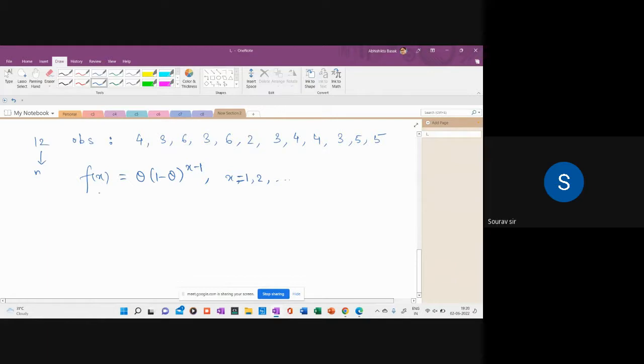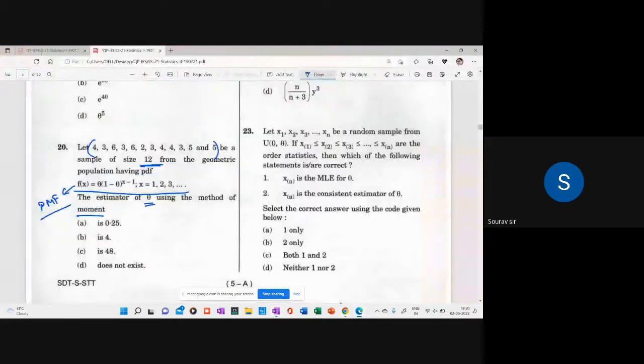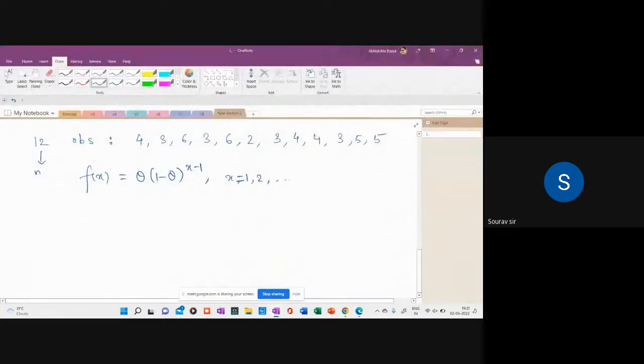So we need to find the estimator of theta by using the method of moments. Do you know what the method of moments is?